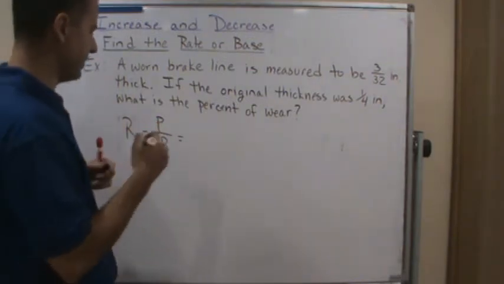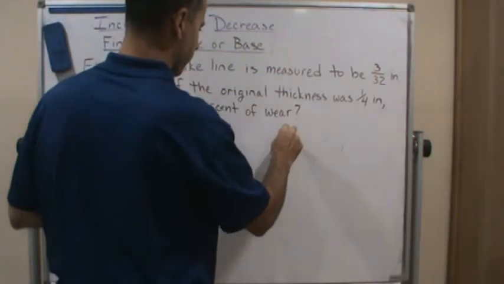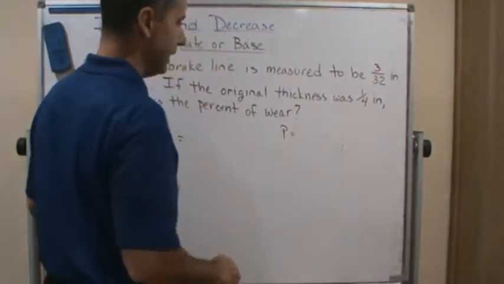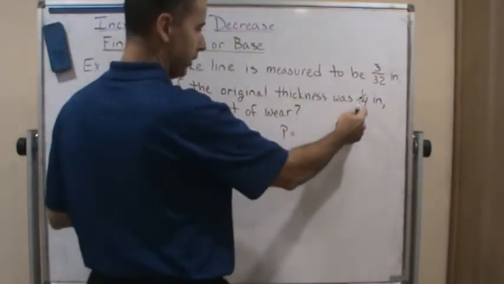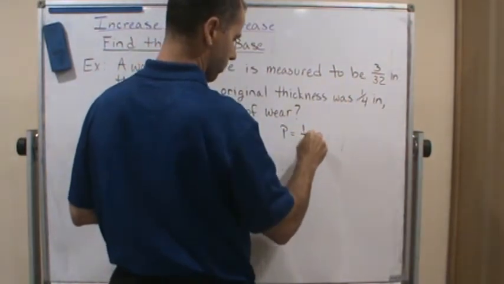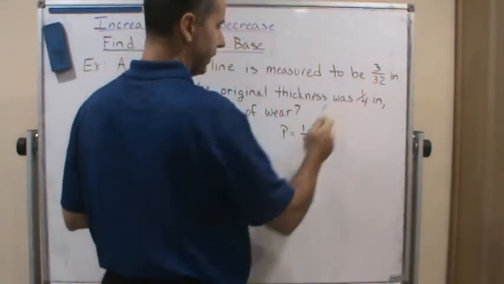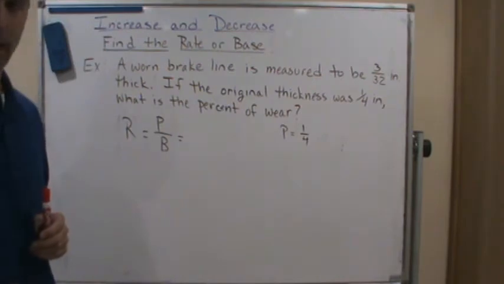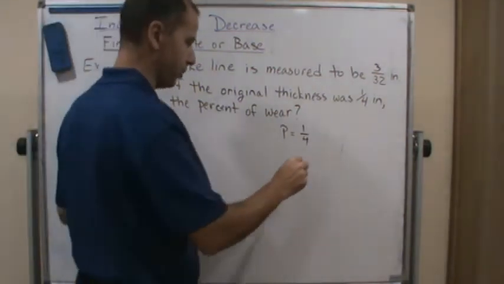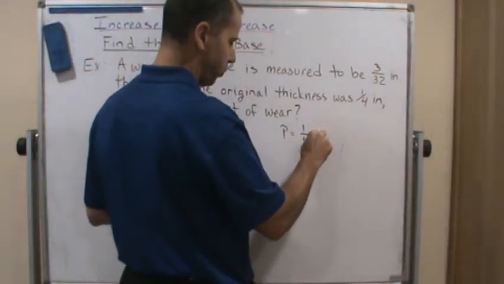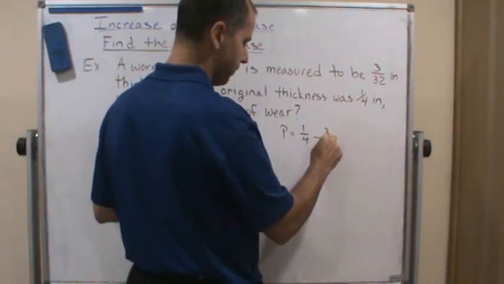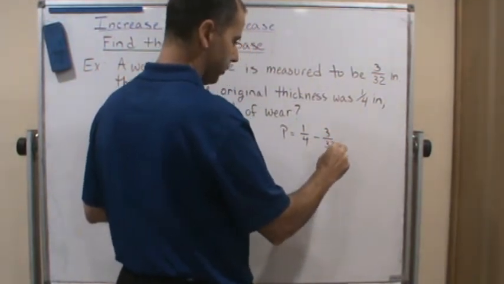Well, in this case, the original amount is 1/4, and now it's gone down to 3/32. So the amount of change is 1/4 minus 3/32.